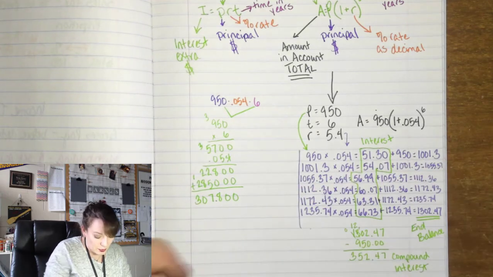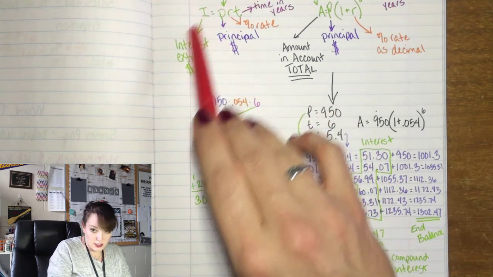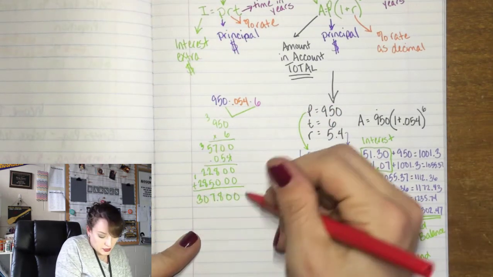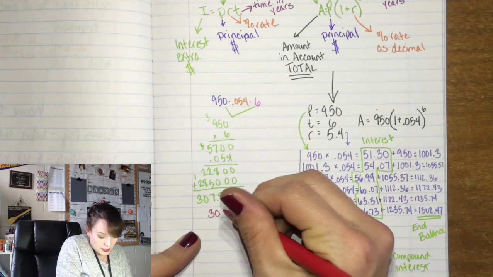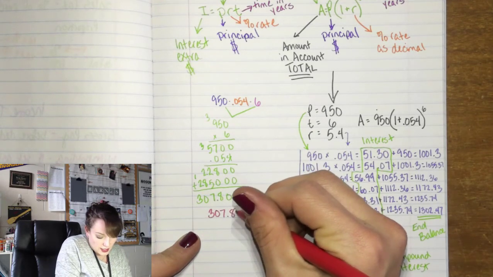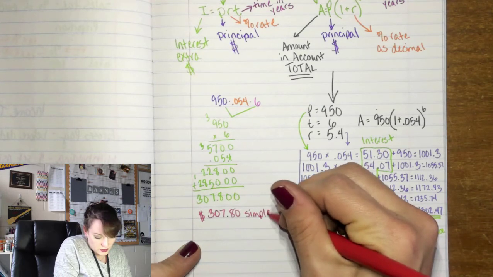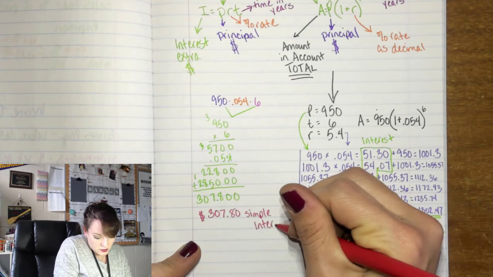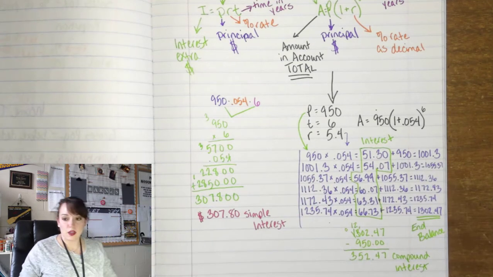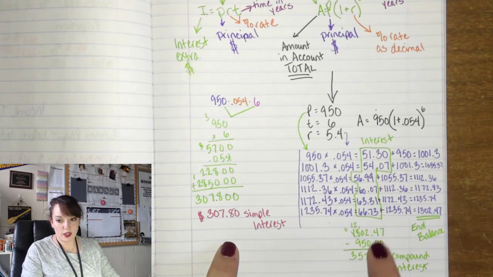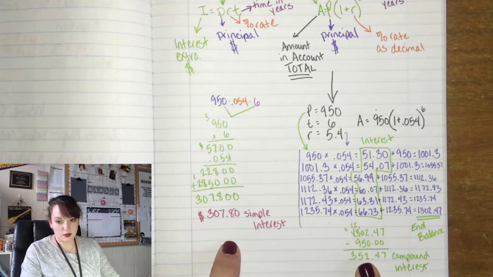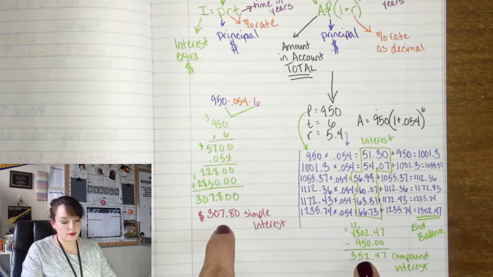So my simple interest, because this tells me interest, my simple interest is $307.80. This is simple interest. So I get more compound, but this one's a lot easier.